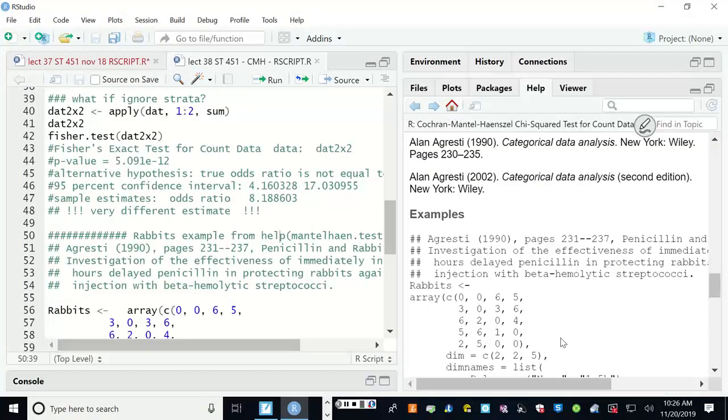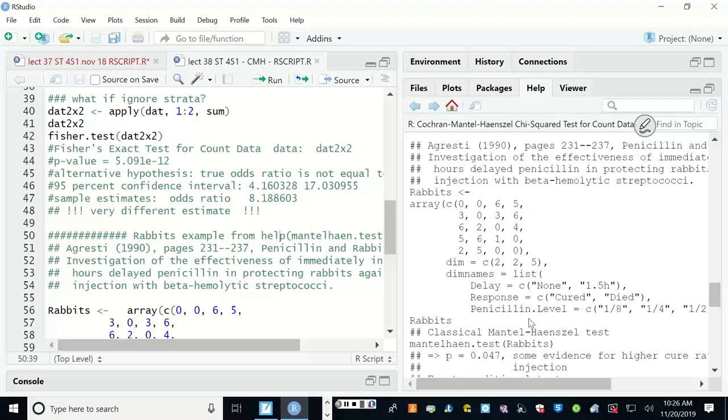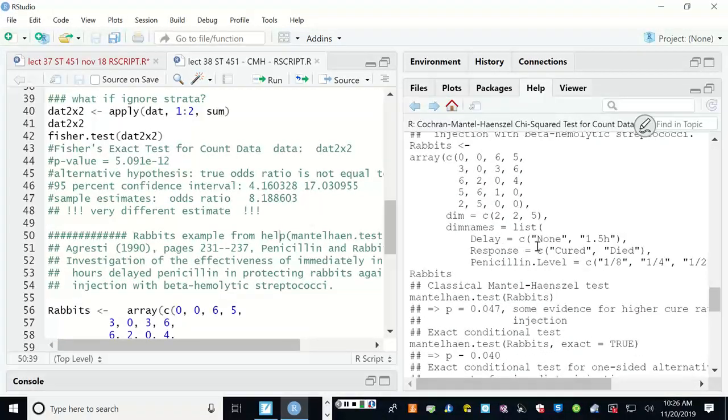The research was valuable, but not nice to some rabbits. But in any case, this is how the data are set up. Is it delay versus response that we want to know? Is there an association between immediate injection versus 1.5 hour delay and the outcome?